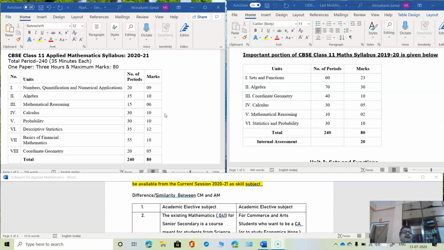Initially students from both these fields, commerce and arts, used to study mathematics with science students, and they used to face some problems, because the questions were sometimes very difficult for them relative to their level of understanding of the mathematics syllabus.